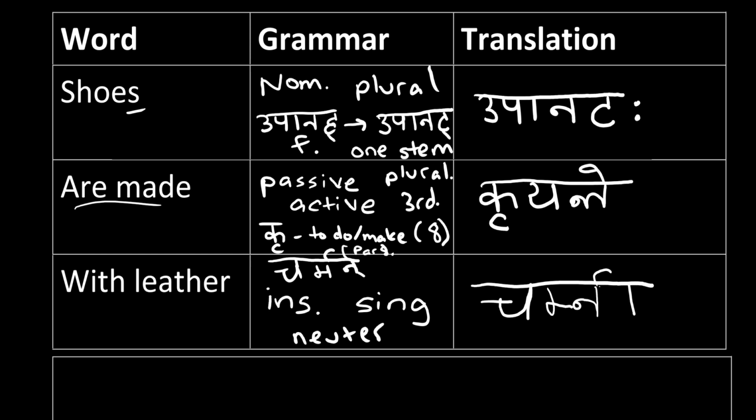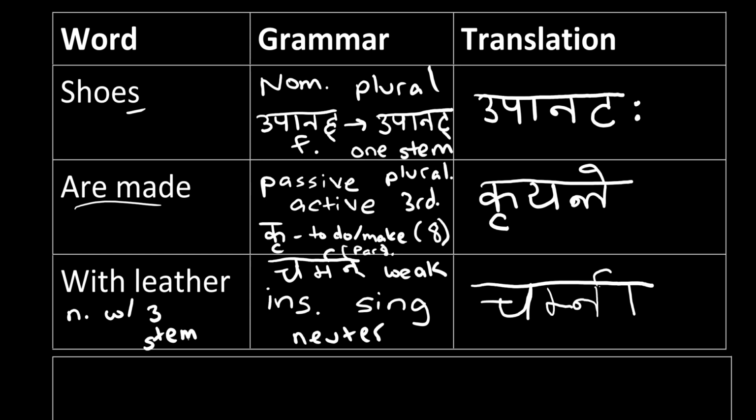It's being declined this way because we're using a weak stem. This is a weak stem for the instrumental singular, and this is a noun or adjective with 3 stems, so we have to know which stem to use. We're using the weak stem.